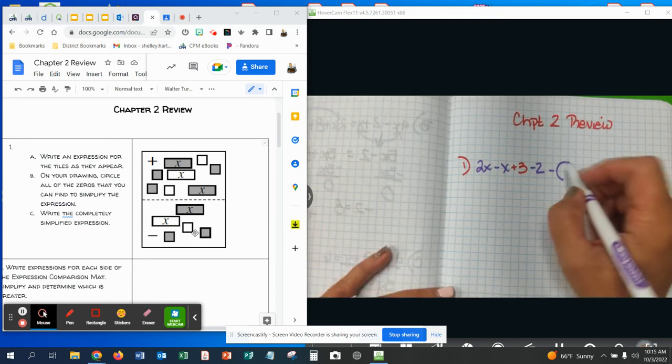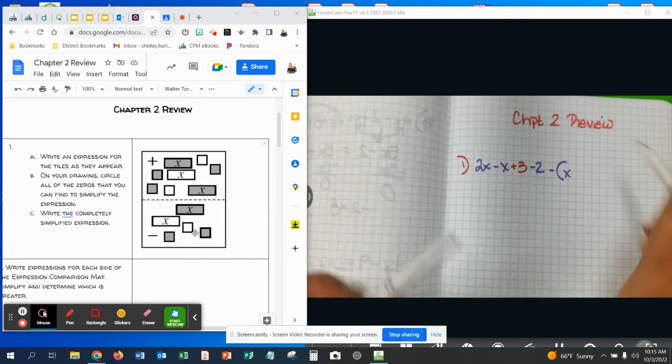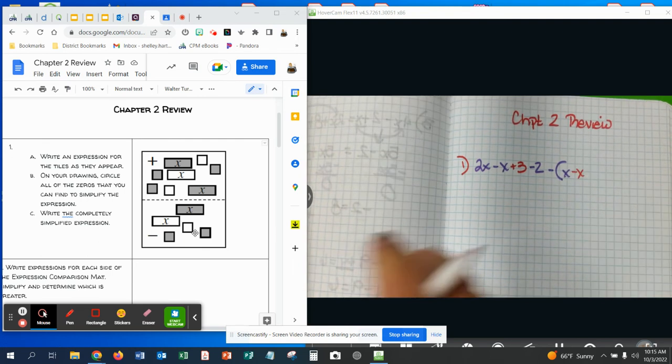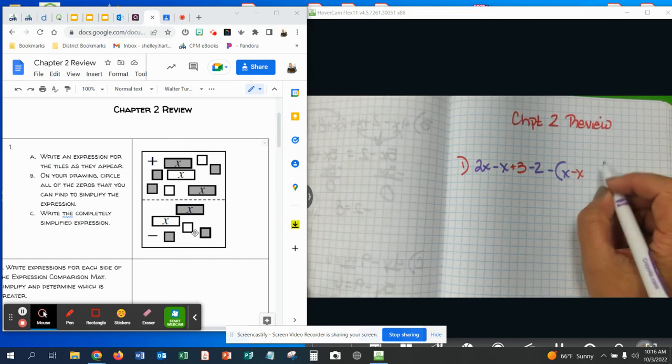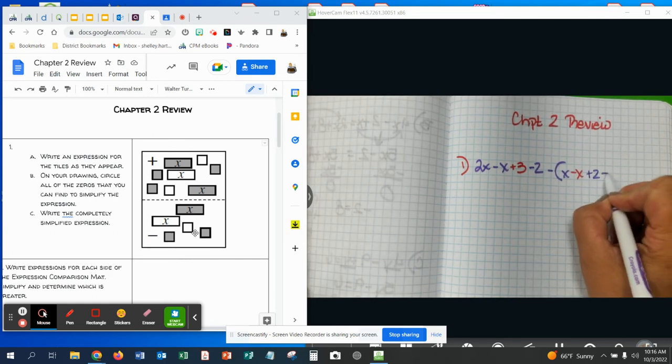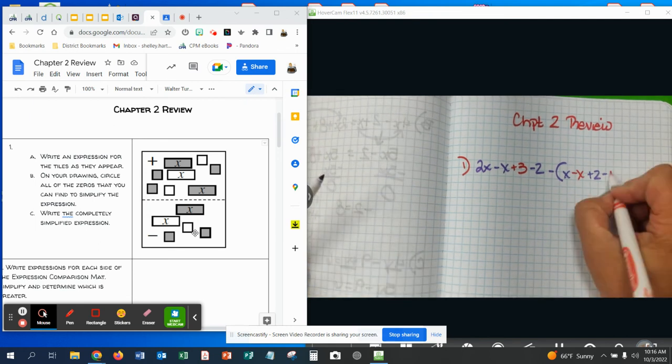Yeah. So we have a positive X and then we have a negative X, don't we? Now, how many 1s do we have? Chelsea, how many 1s do we have in the negative box? Perfect. How many positive? Perfect. And then we have 1 negative, right?